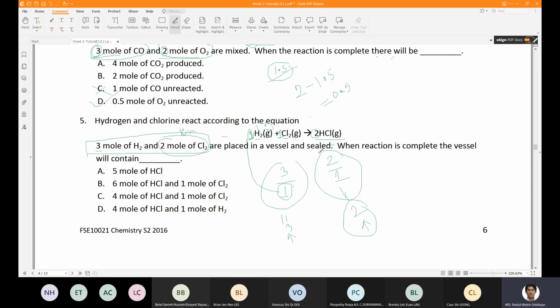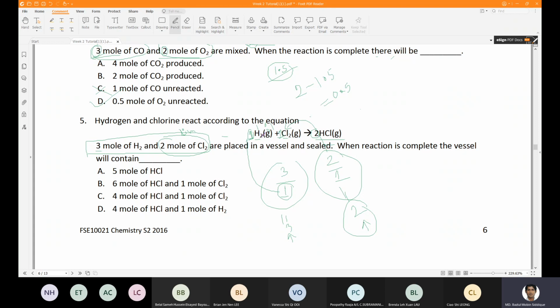And 2 is for chlorine. So chlorine must be the limiting reactant, because 2 is smaller than 3. If it is the limiting reactant, of course, chlorine will finish up faster than hydrogen. Hydrogen will not be finished up.